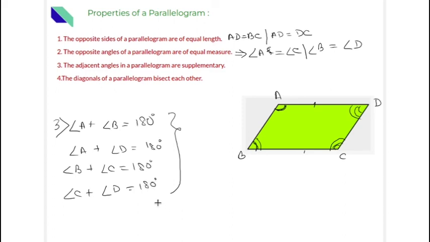Now come to number 4. Number 4 says that the diagonals of a parallelogram bisect each other. Now we will draw the diagonals. How to draw the diagonals? We just join the opposite vertices.